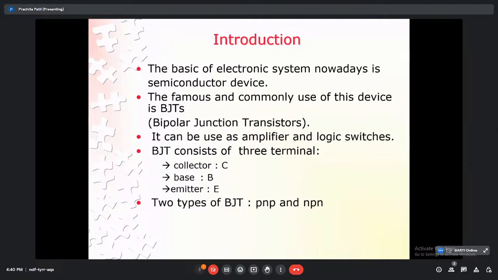Around the 1950s the transistor was invented, and since that time there has been a transformation in electronic circuitry. Earlier to the transistor, there were tetrodes, triodes and pentodes, which we call vacuum tube devices.